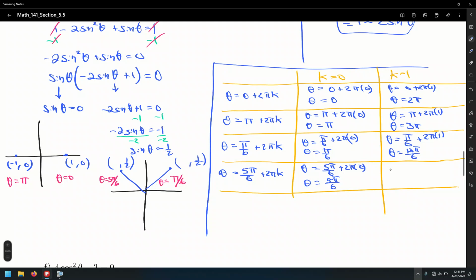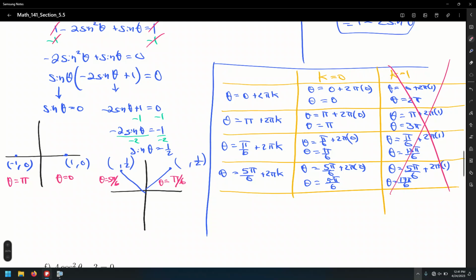And last but not least, theta equals 5 pi over 6 plus 2 pi times 1. That's 2 times 6, which is 12, plus 5, so 17 pi over 6. All these values should be crossed out because they are outside of the 0 to 2 pi interval required in the instructions.